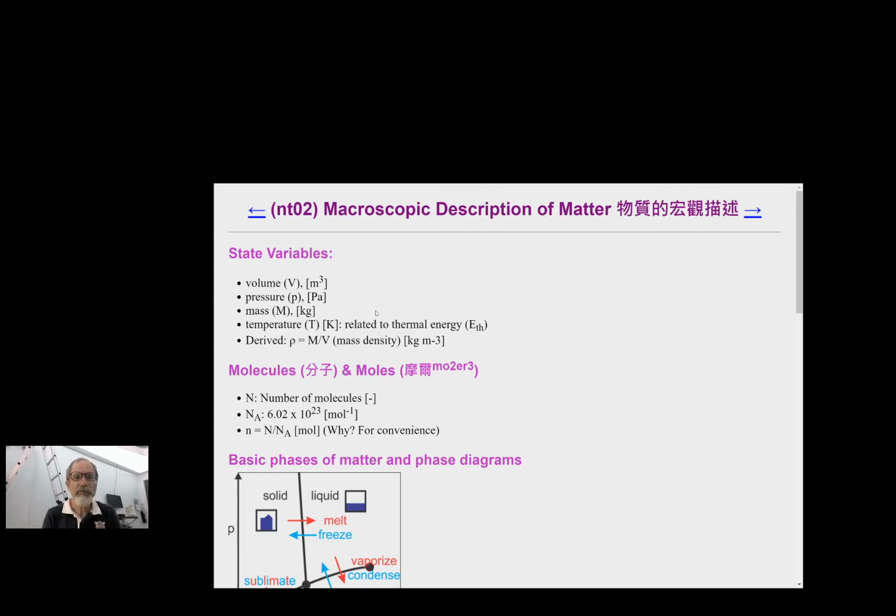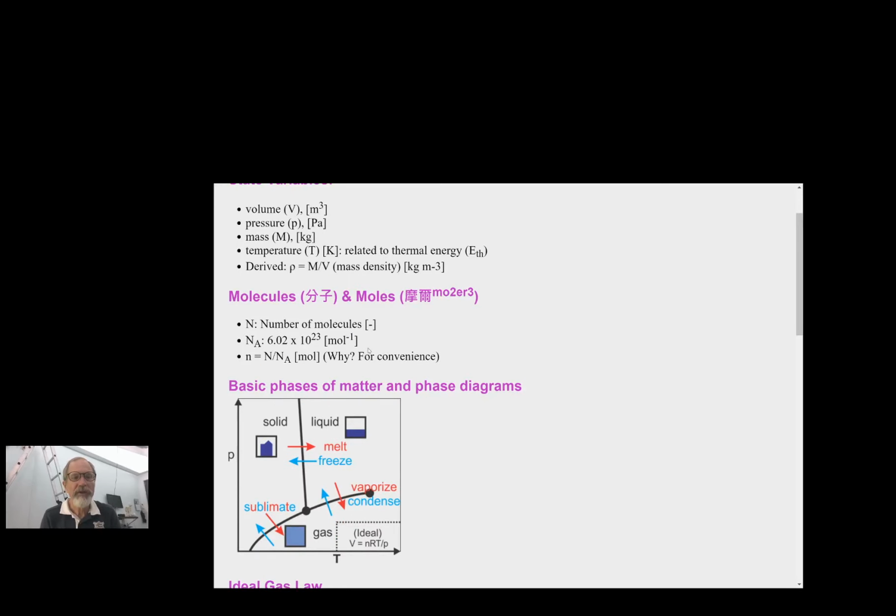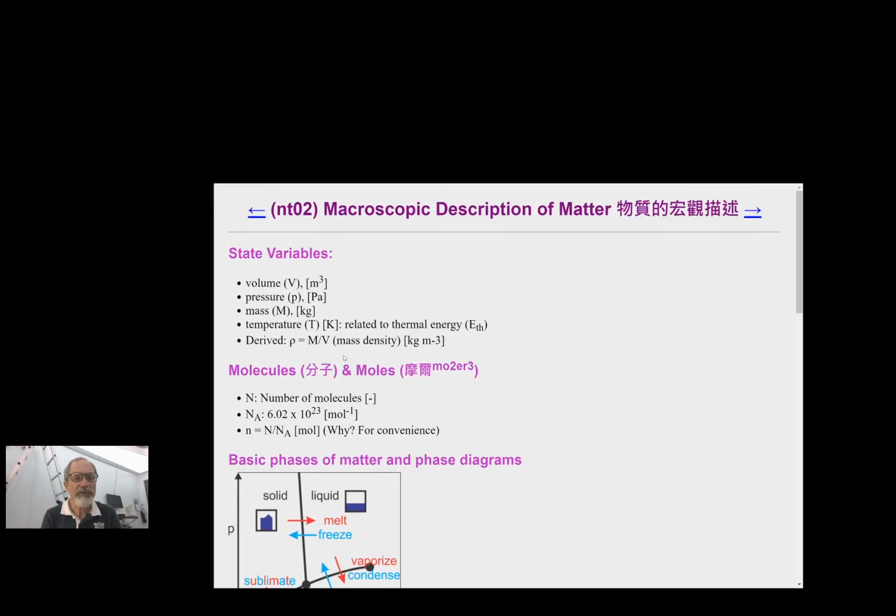In addition, when we're looking at a macroscopic description of matter, it is also useful to consider the number of molecules. Now, because there are so many molecules in a typically sized piece of matter, if we tried to count how many molecules are in your cell phone, for example, we would get a very huge number. So, in order to simplify this, we talk about moles.